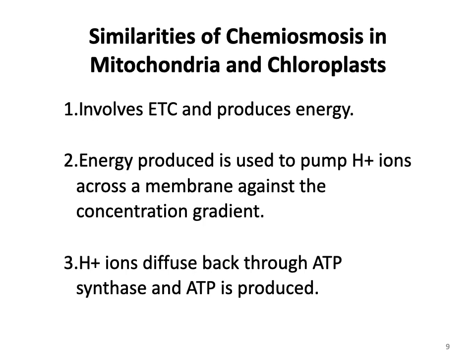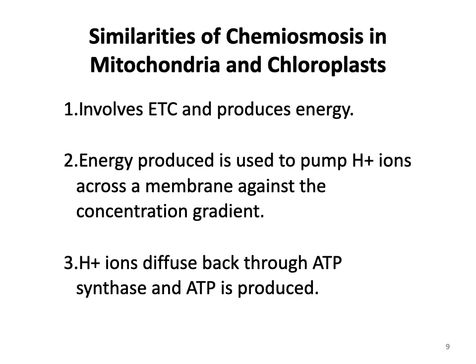We have also come across chemiosmosis in cellular respiration. The chemiosmosis in cellular respiration occurs in mitochondria. What is similar between chemiosmosis in mitochondria and chloroplasts is that both involve electron transport chains, which excite electrons and produce energy.